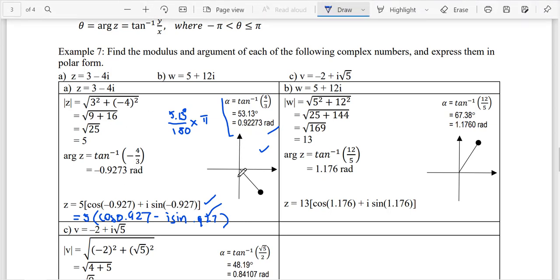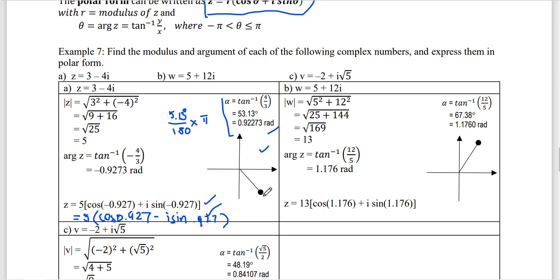You must know roughly the point in the Argand diagram. You just put a cross there, then put first or second or third or fourth quadrant, so that you can decide whether you want to put positive or negative. First step, you must know where the complex number is in the diagram.